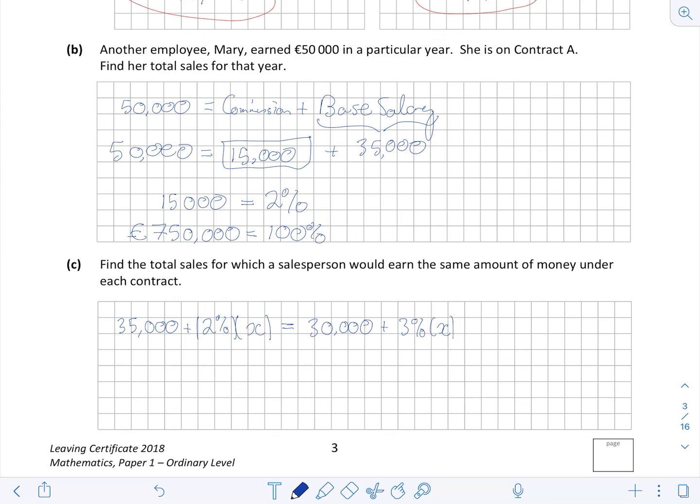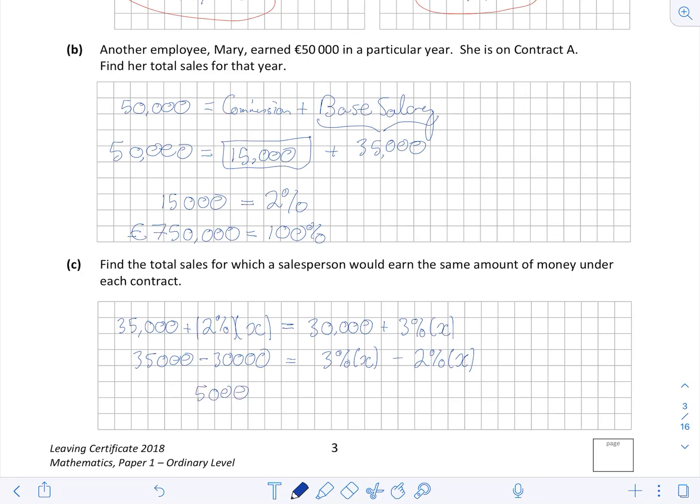So now if I get my x's on the one side and my numbers on the other side, so if I go 3% of x minus 2% of x is going to equal 35,000 minus 30,000. So I now have 5,000.